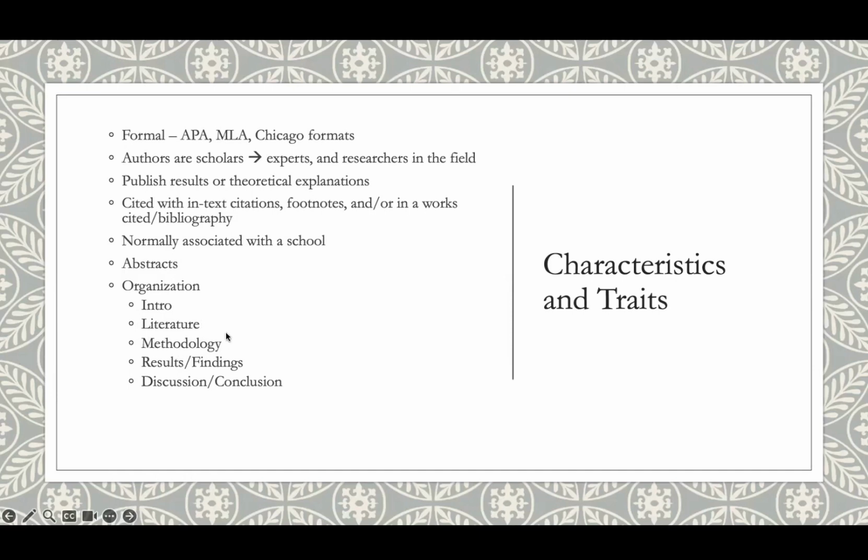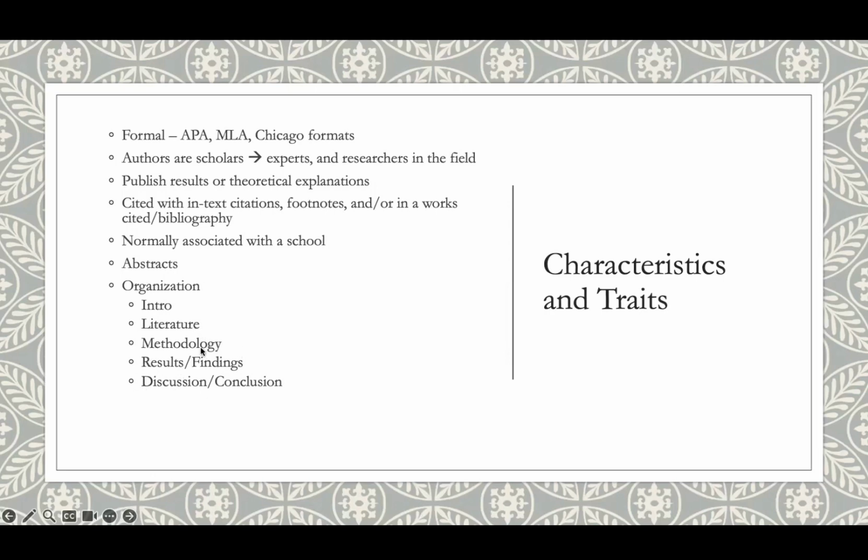Methodology is how you collect your data, which is just like the data collection in the third step of the scientific inquiry process. Results or findings in a research paper is where they're talking about what they found, what the results of their data collection were. Same thing with the scientific method, right? And then in the discussion and conclusion, you talk about the findings and how they relate to the literature, which is exactly like the scientific process, right?